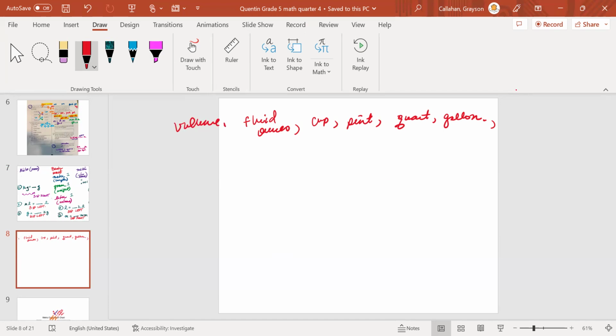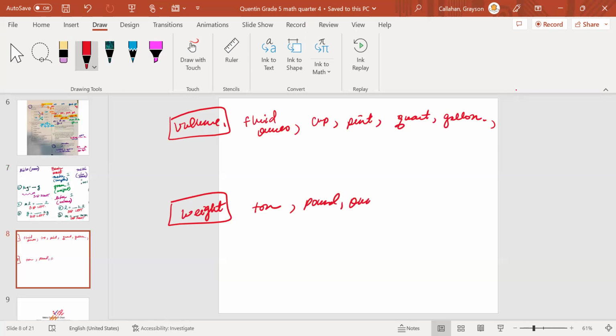Do you understand? This is volume, right? And then we had weight, which we had ton, right? And pound, right? And ounces, right? So let's go ahead and write it all down.